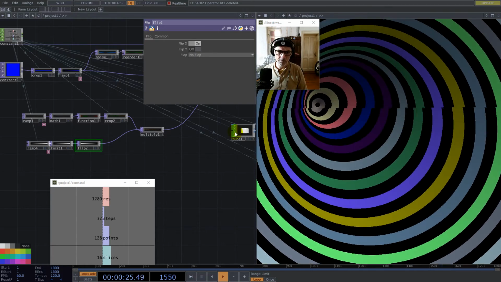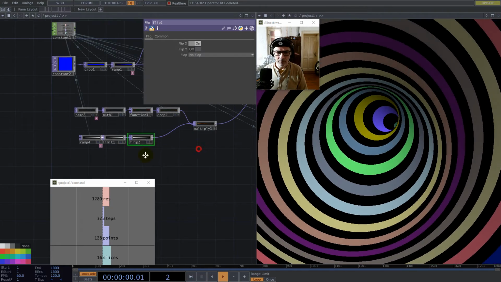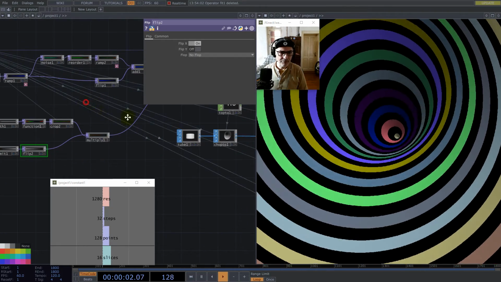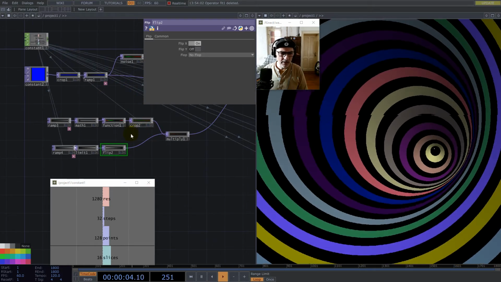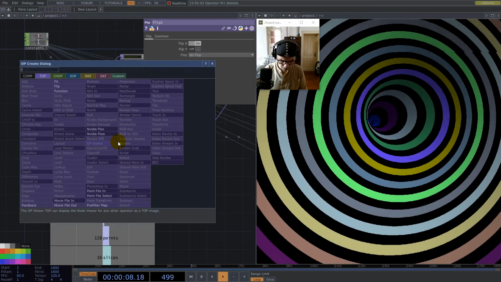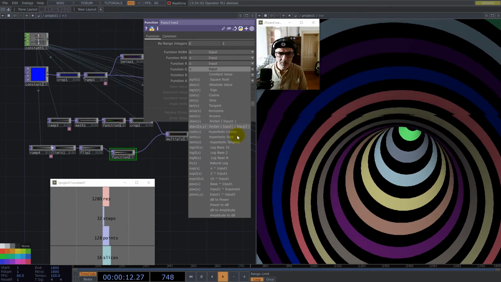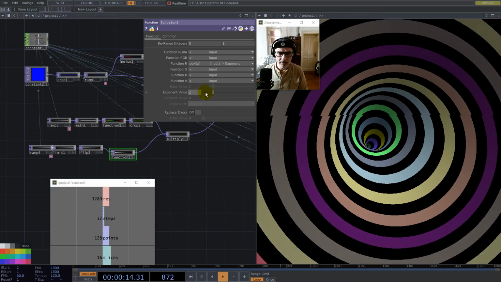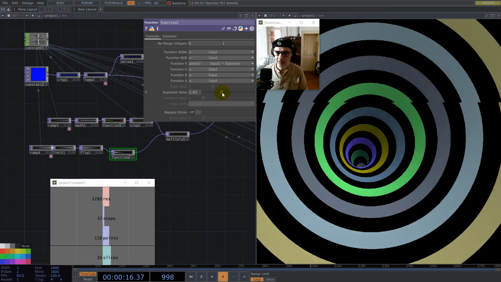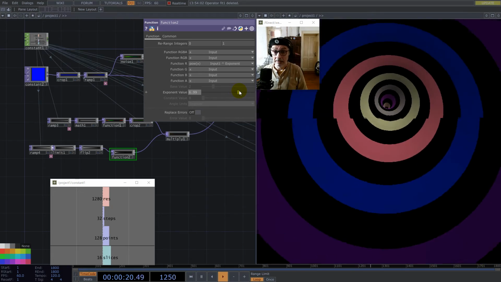And one thing that you might like is using a function right here, and I'll go with exponent, and if you change this, it might look like you elongate the tunnel, okay?